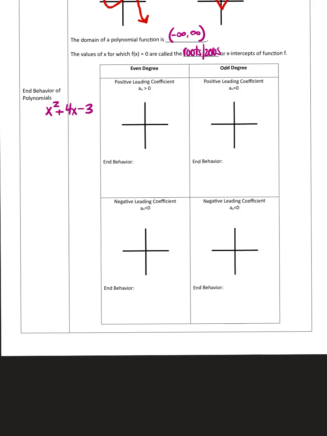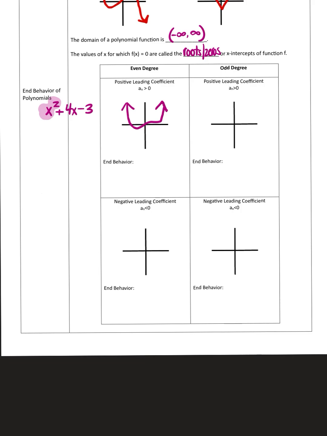What's important here is that the leading coefficient is positive and the degree of the polynomial is even, okay? When that is the case, you are looking at end behavior where both arrows are pointing up. Now, this might not be what the actual function looks like, but this is just to give you an idea because really all that matters here is the end behavior, okay?